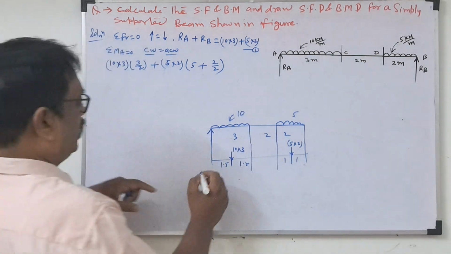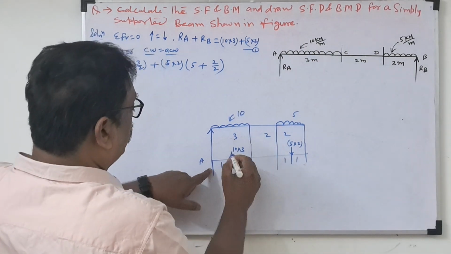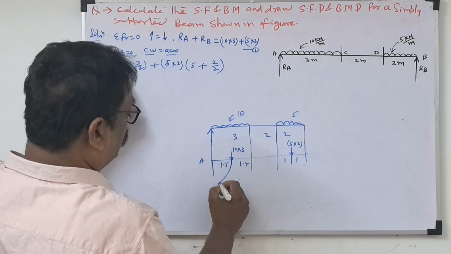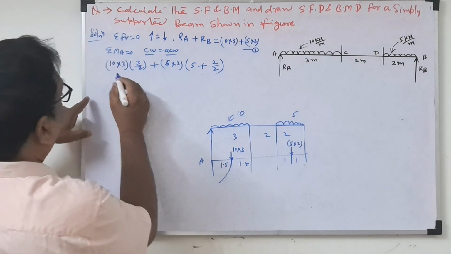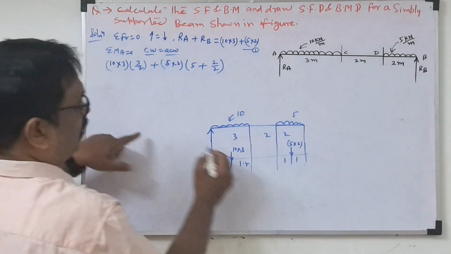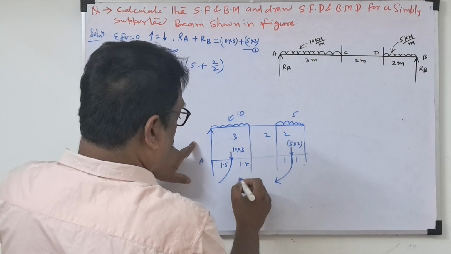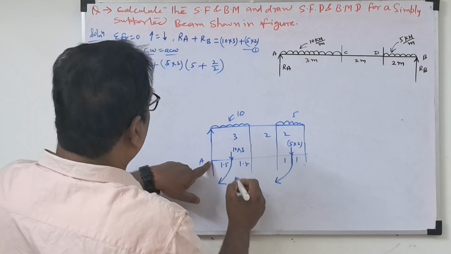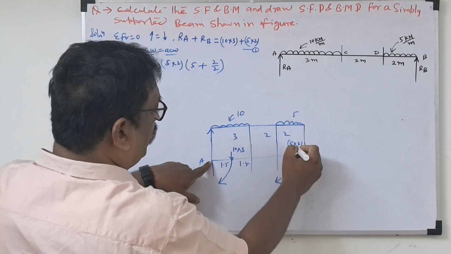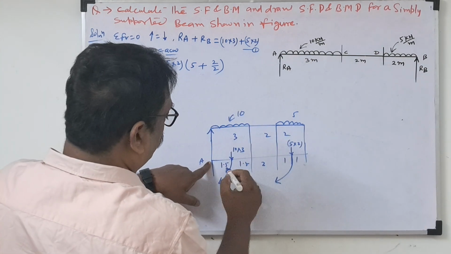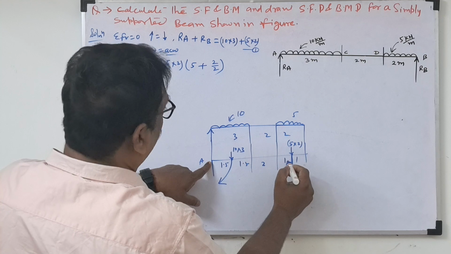If you take the moment about A, now look here. This is 10 into 3 into 1.5. This is clockwise. Then the other load is 5 into 2 into 3 plus 2, 5 plus 1, 6.